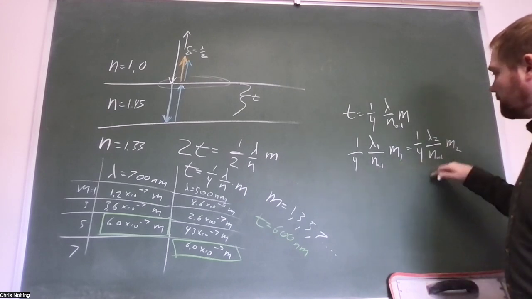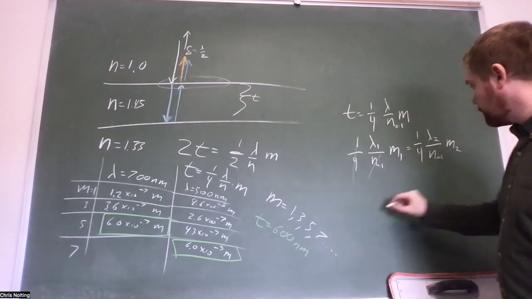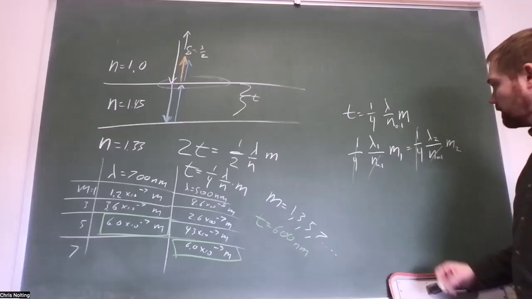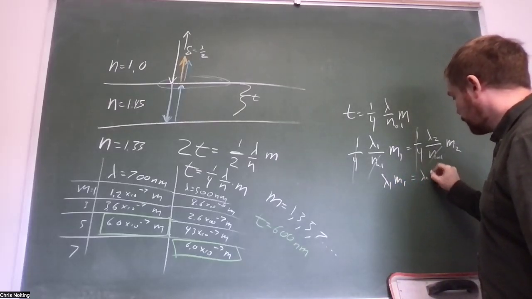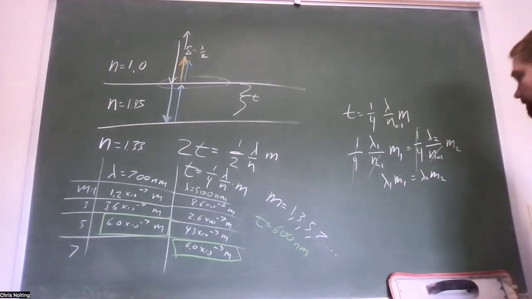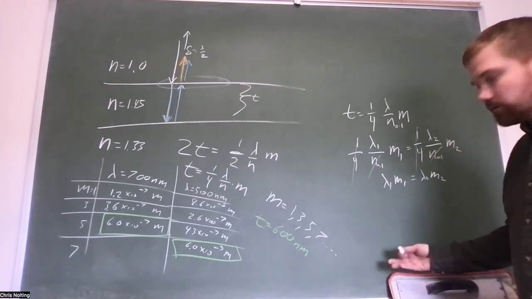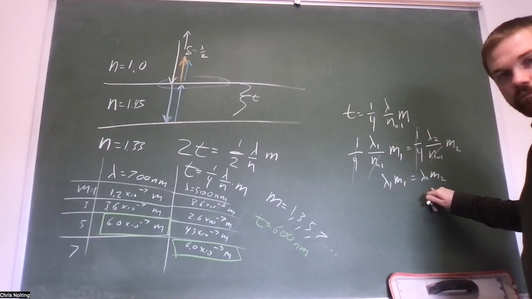So here we can multiply both sides by 4 N oil and cancel those terms because it shows up on both sides of the equation. So lambda 1 M1 equals lambda 2 M2. Now, this doesn't quite get us there yet, but we do know lambda 1 and lambda 2.